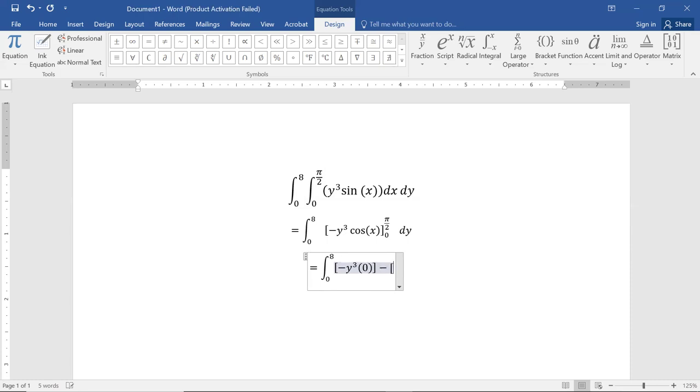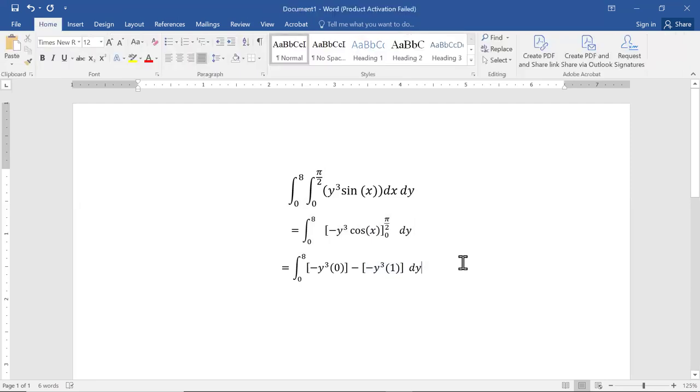Minus negative y to the third times cosine of 0. If you type in cosine of 0 into your calculator, or if you just look at the unit circle, you'll see that cosine of 0 is 1. So you get negative y to the third times 1 when you plug in 0.